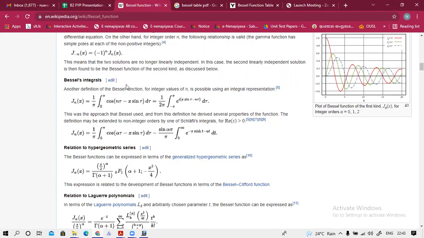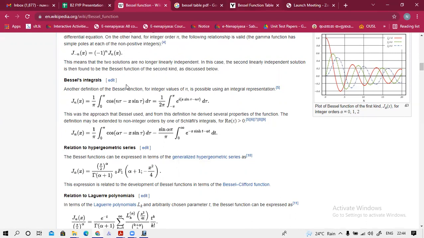For example, if n is equal to 2 and x is equal to 5, it is the integral of cos(2 tau minus 5 sine tau) d tau from 0 to 5. If we integrate this, we can see the Bessel function. What is the corresponding value for n and x?